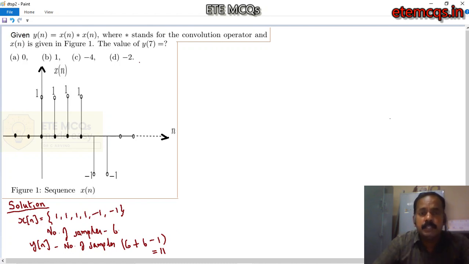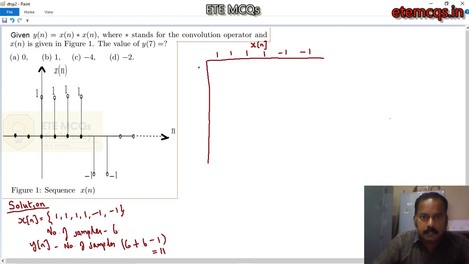Instead of going for discrete convolution, let us just try to solve this problem using the tabulation method. In the tabulation method, you take one set of samples along the rows and one along the columns. In both cases, it is going to be x of n. So what do I have for x of n? It is 1, 1, 1, 1, -1 and -1.